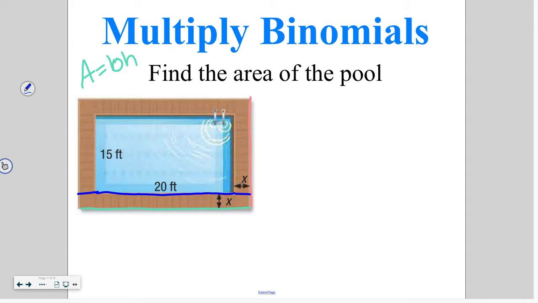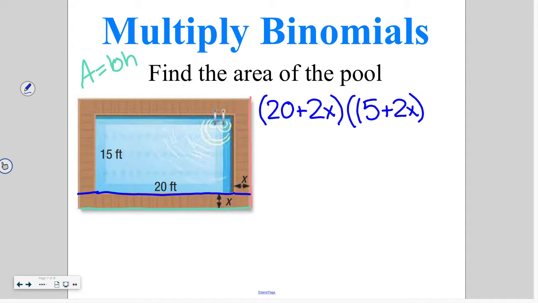So that is going to give us our 20 feet plus 2 X's for either of the cement part on either side. Similarly, if we're looking at this vertical part, we've got a 15-foot area plus our 2x dimensions for the sidewalk.